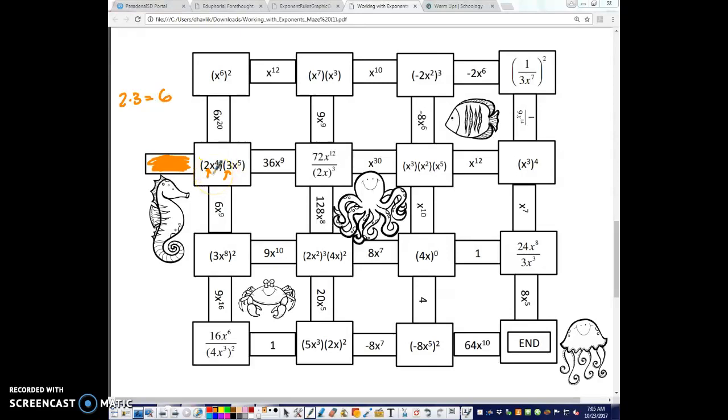We have x to the 4th, 1, 2, 3, 4, and x to the 5th. 1, 2, 3, 4, 5. So we have 6, okay, and then count your x's. 1, 2, 3, 4, 5, 6, 7, 8, 9. X to the 9th. Or you could have just added them, right? So which one of these says 6x to the 9th? Oh, this one down here does. So you color that.